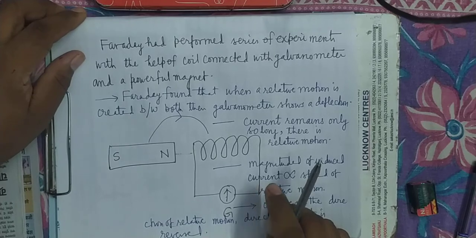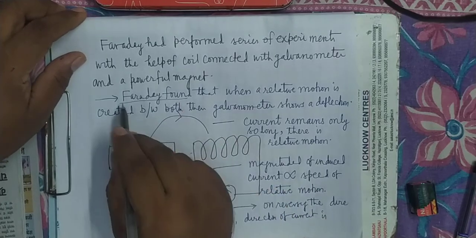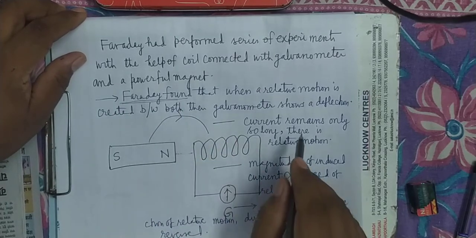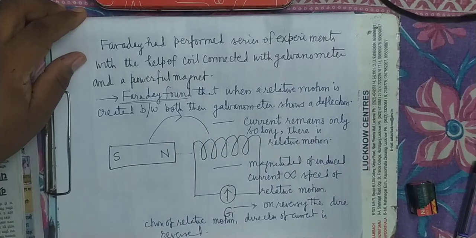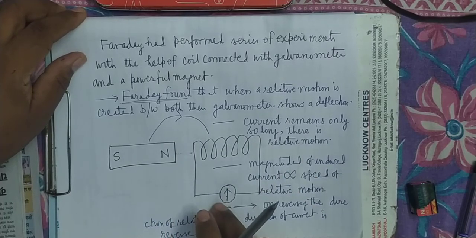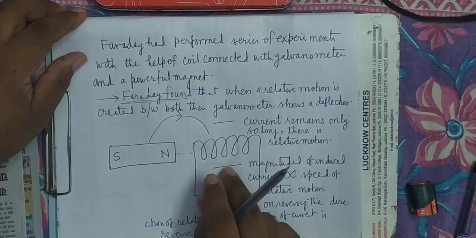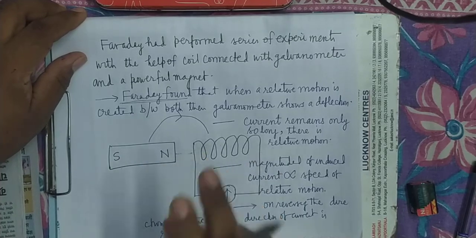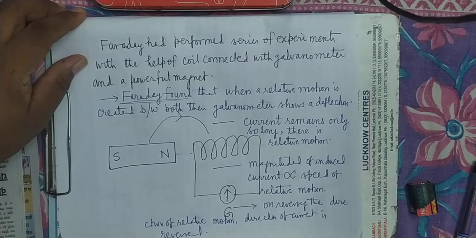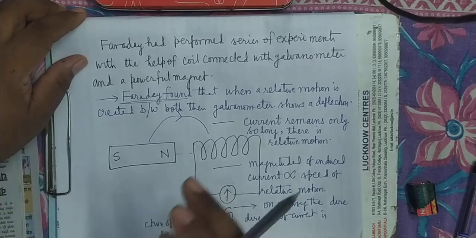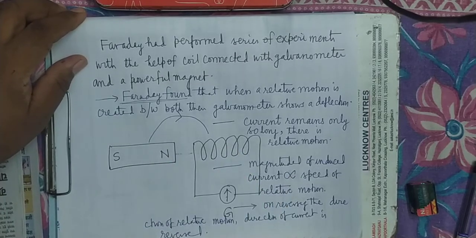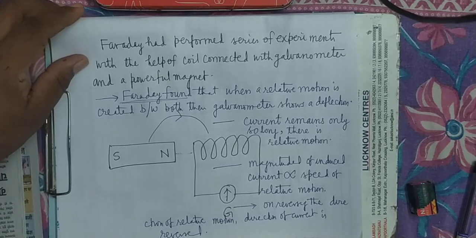But later, Faraday discovered that actually the relative motion is not the real cause of inducing the EMF, not the real cause of inducing the current. It is something else which takes place because of the relative motion, due to which EMF is induced and current is induced.